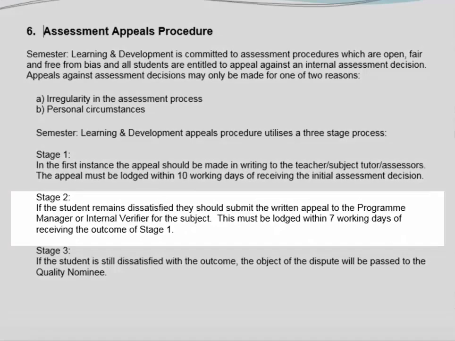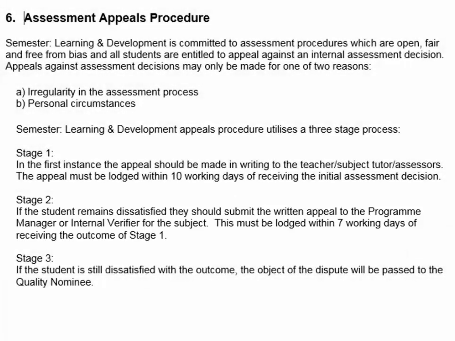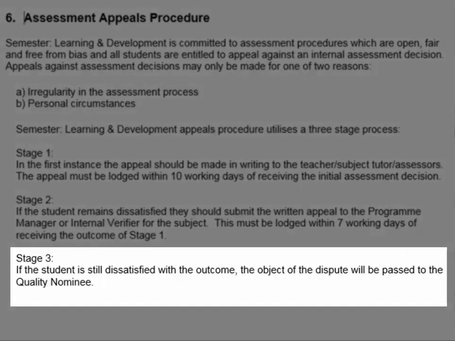Additionally here it says stage 2, if you're still dissatisfied, you must write an appeal to the program manager and it must be lodged within 7 days of receiving the outcome of stage 1. If you're still dissatisfied, it will be passed over to the quality nominee or the director, whichever is appropriate.